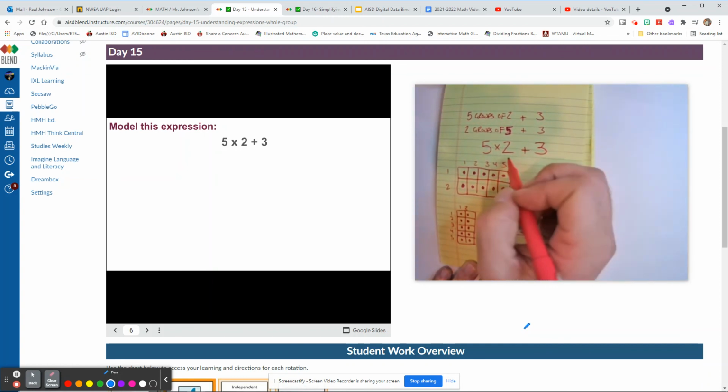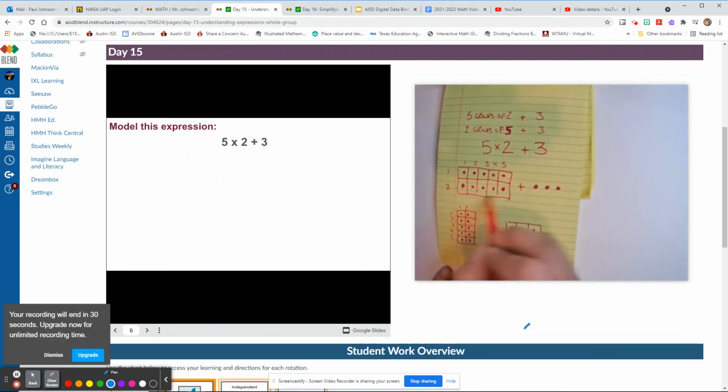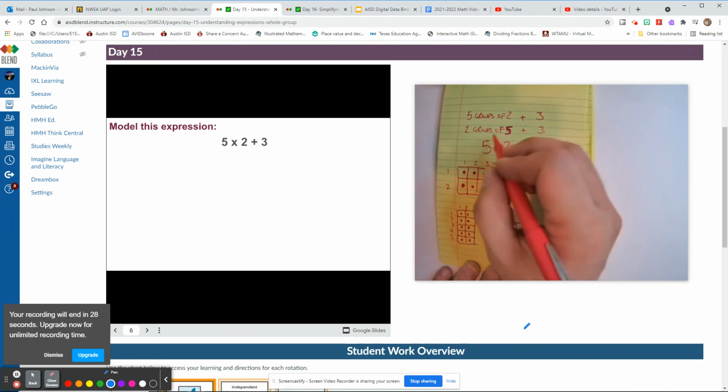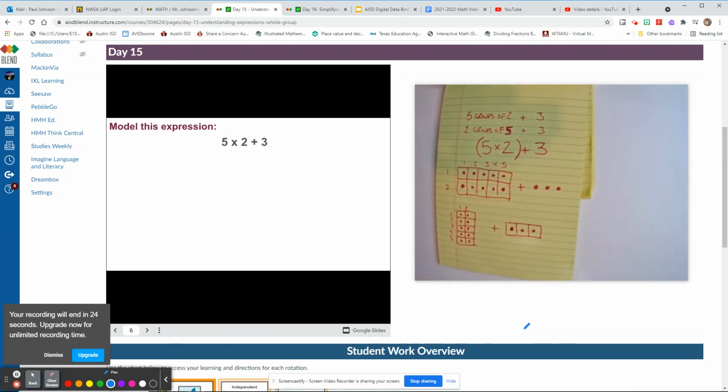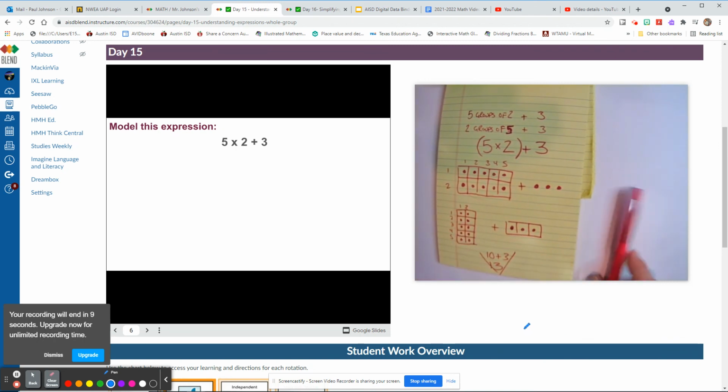And because we always do multiplication first, we're going to put all this together first. If you want to really make sure, you can put parentheses around it, because remember, whatever happens in parentheses is first in problem solving. So 5 times 2 is 10, plus 3. The answer in all cases is 13.